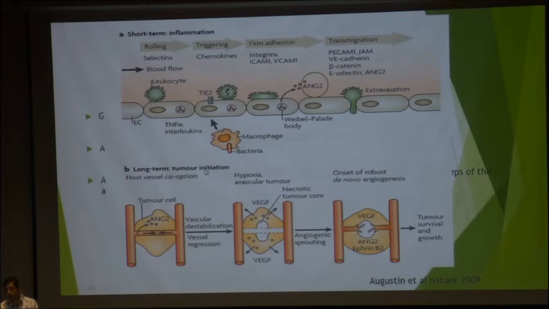When you look at its long-term aspect of tumor initiation, whenever a patient develops a tumor, there is something called host vessel cooption, where new vessels are formed along pre-existing vessels. This is mediated by angiopoietin. Angiopoietin in turn causes vascular destabilization as well as vessel regression.